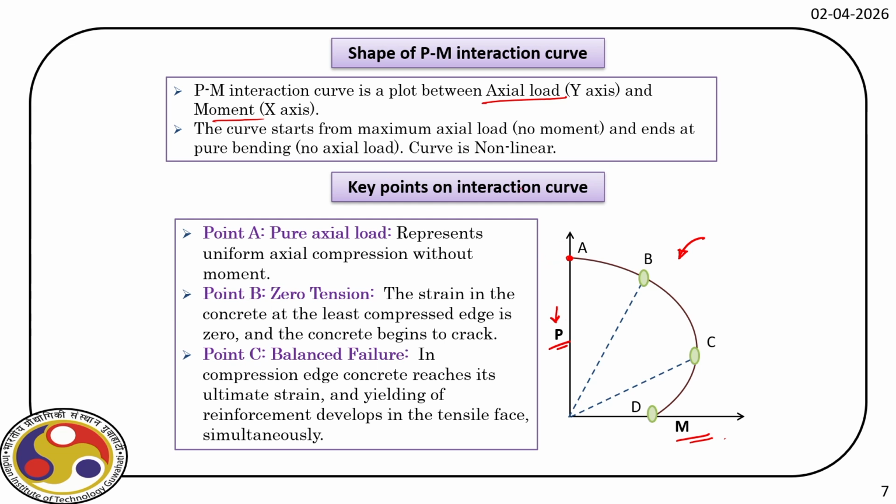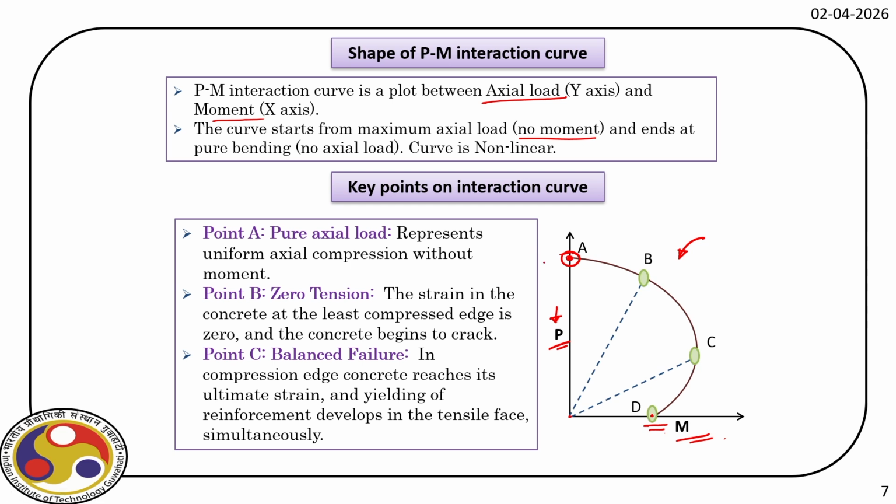So it starts with maximum axial load where we have no moment. That means it is here. So the moment is 0. And then it ends at this point where we have pure bending and no axial load. And the curve, as you can see, is non-linear, having different regions that we'll see in a minute. But the first thing, it starts from this point A, where pure axial load is there, and then ends with pure bending.